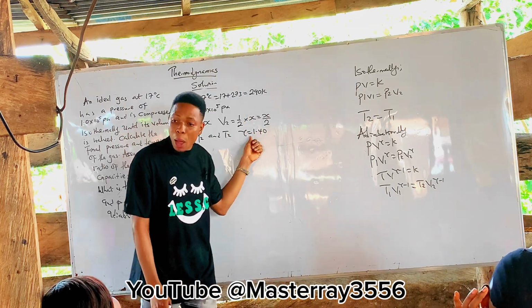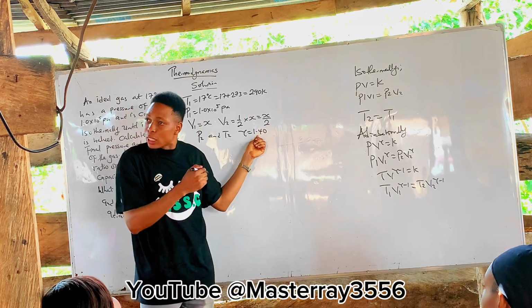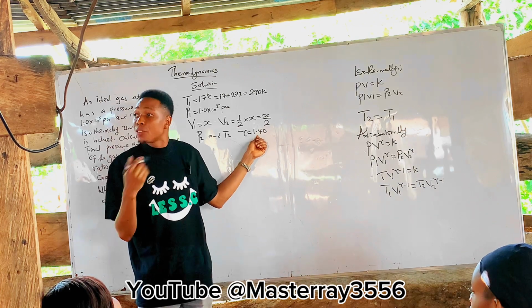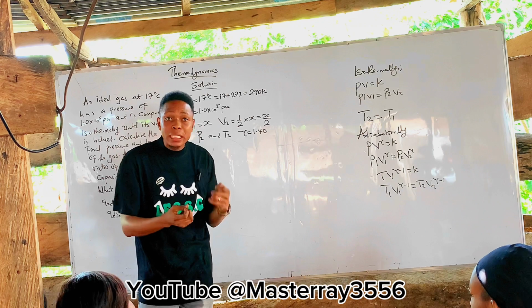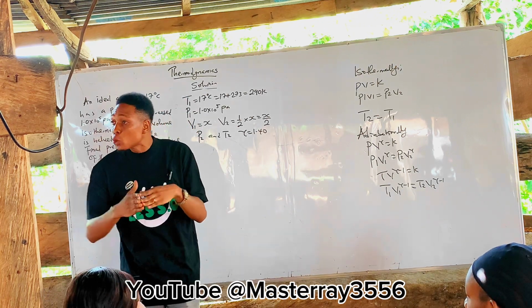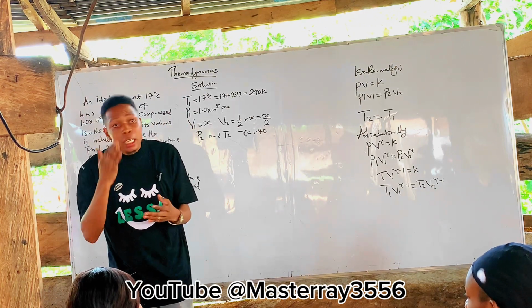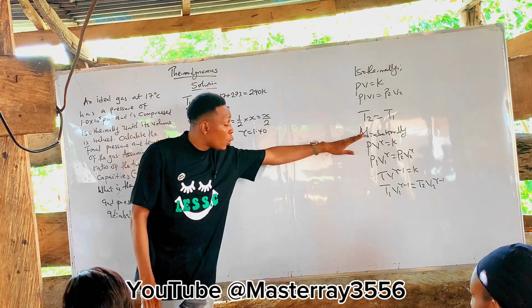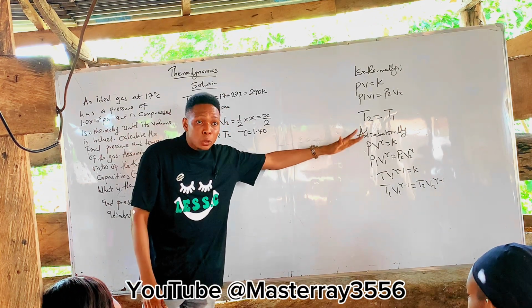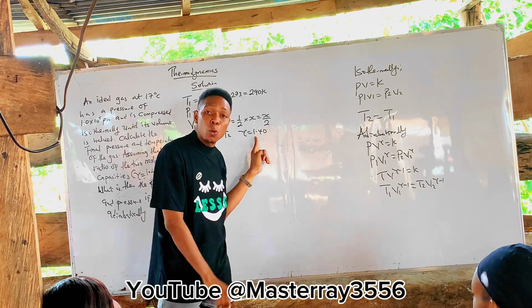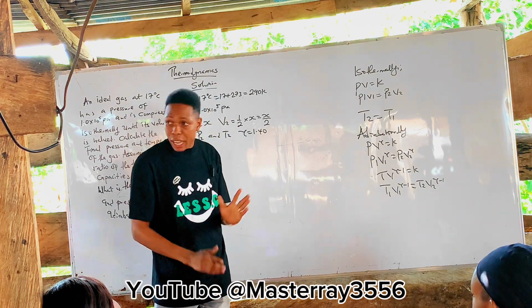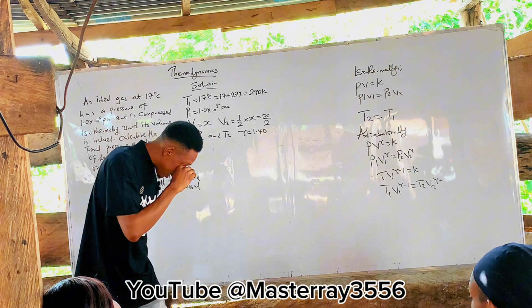Are we using this 1.4? No, but in the question given, they put 1.4. True or false? Some people still want to manipulate it, just to confuse most people. Are you getting me? Now, the only one that deals with gamma is the adiabatic process. So if you want to calculate adiabatically, that is when we make use of that 1.4. Are you following? All right.